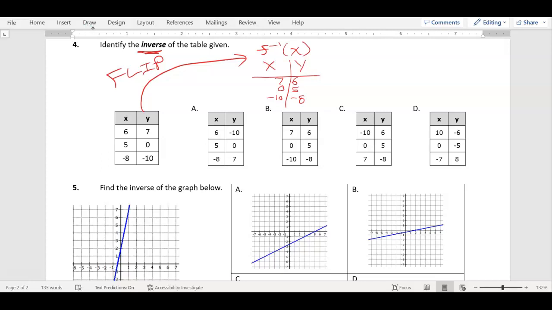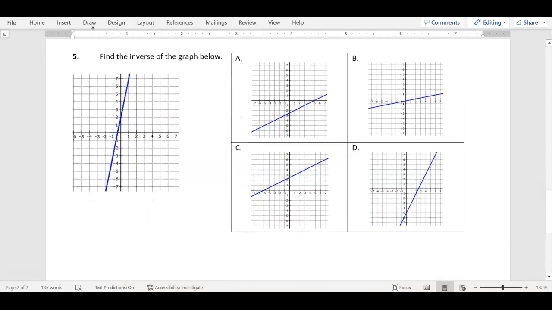Alright, so which one of these matches? 7, 6. I see that here, and that's it. 0, 5, -10, -8. B matches perfectly, flipping that table. Please remember, the inverse is when you switch x and y. So on a table, you just flip it over. That's it.